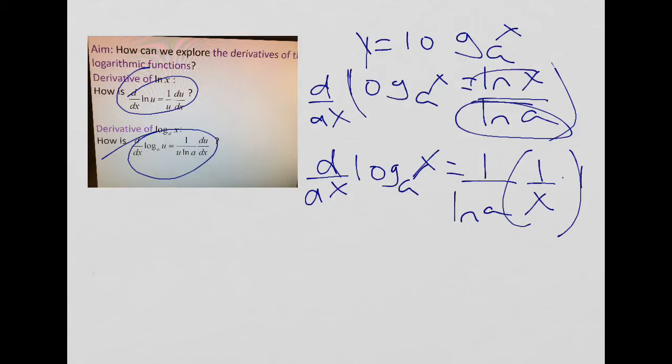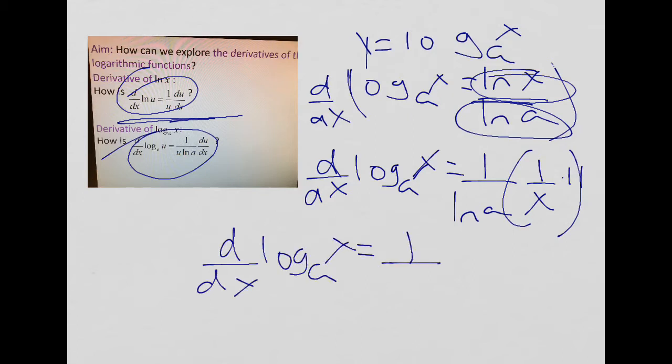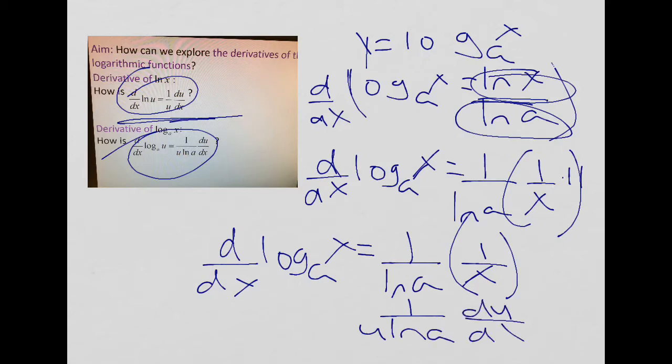And we're taking the derivative of just ln of x, which we already established. That gives us this as our final answer here. Now, if it's not just x, it's u, then that's where the du over dx comes in, because we want to establish that there's a u there in the chain rule.